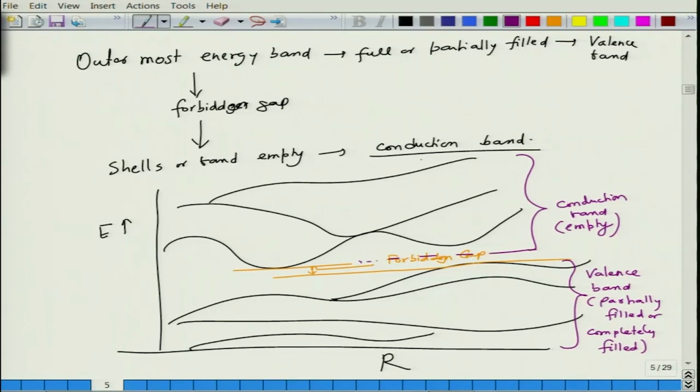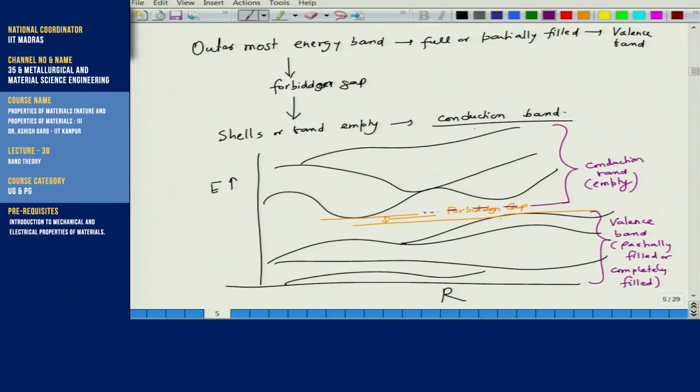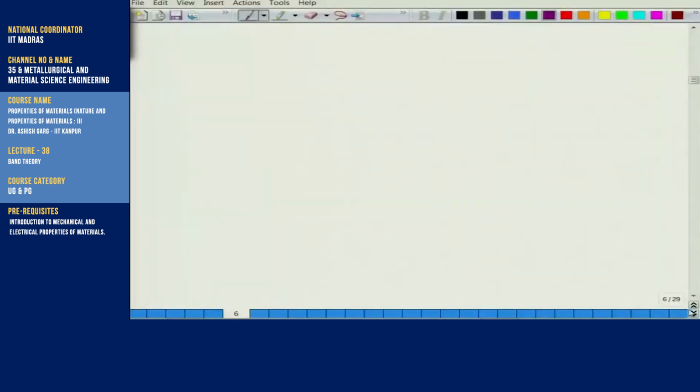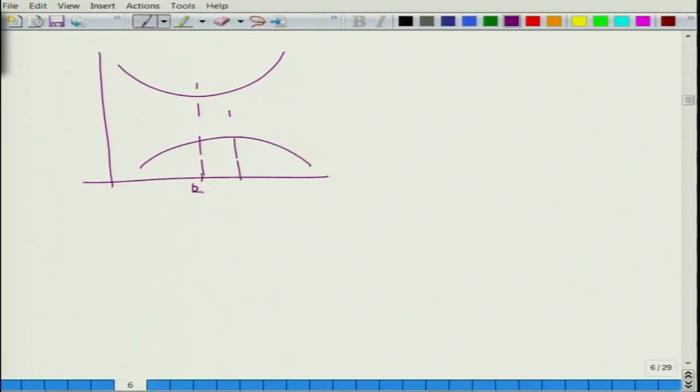Now, another thing is that you can see the minima in the conduction band and the maxima of energy states in the valence band. Depending upon whether these are directly on top of each other or separate in k space, this will make a separate story. Now I am drawing an exaggerated picture. If these k values are different, so this is k min, this is k max, there is a separation in k space.